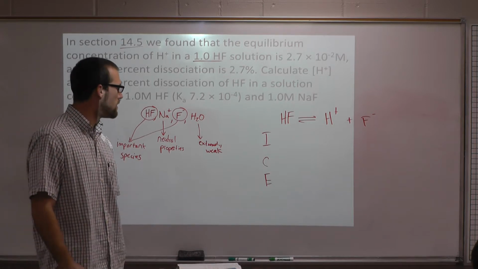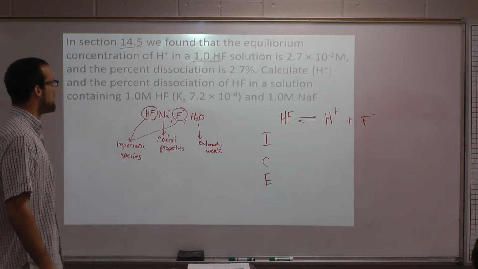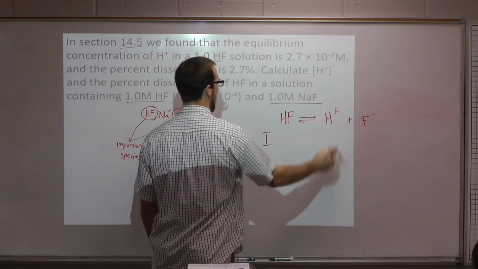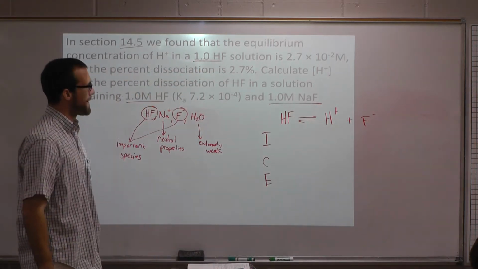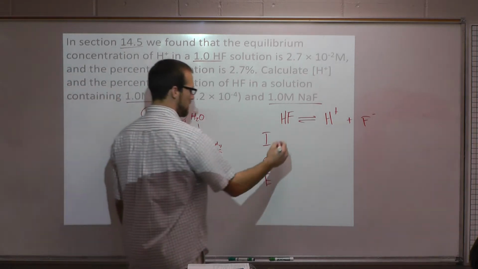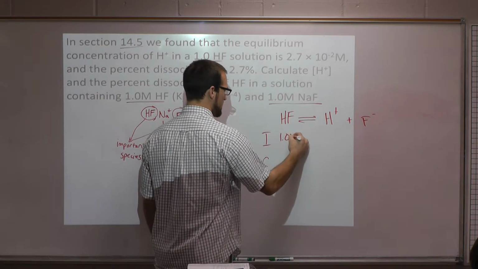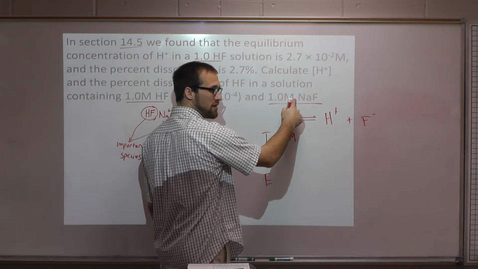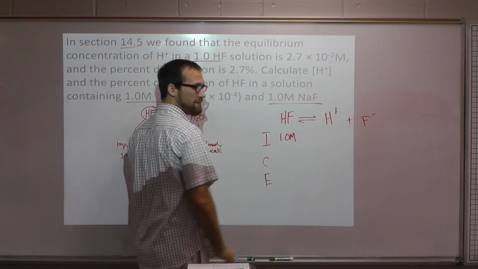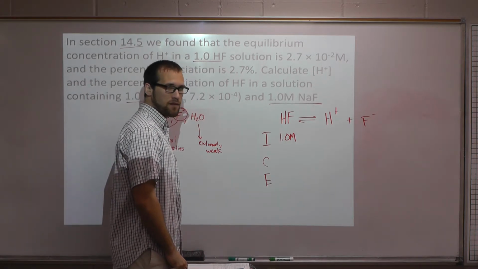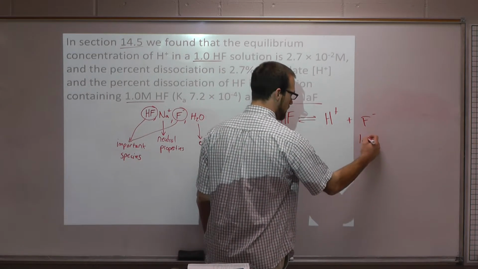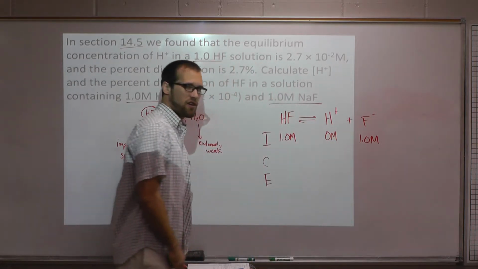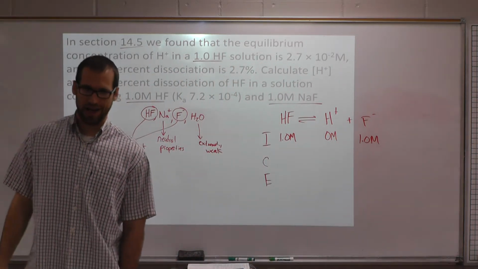Okay? Now I have 1 molar of both. Initially, I should have 1 of this. This is already in solution and has been dissociated. And I technically have none of this before I've started any reacting of my acid.